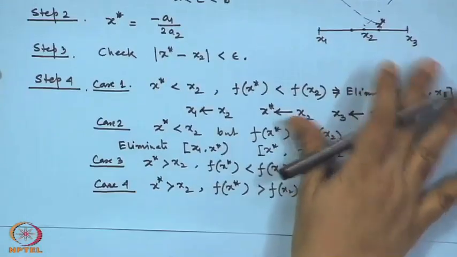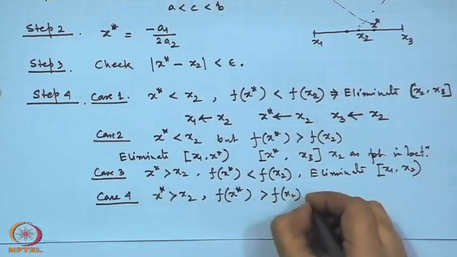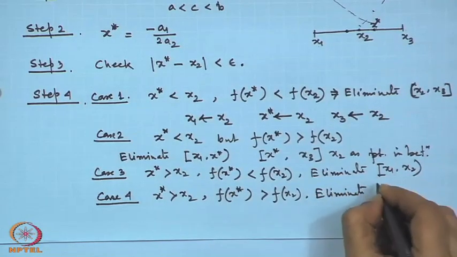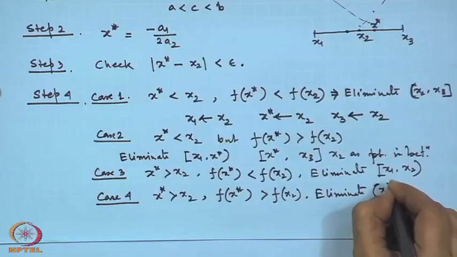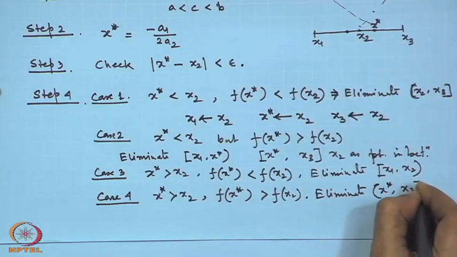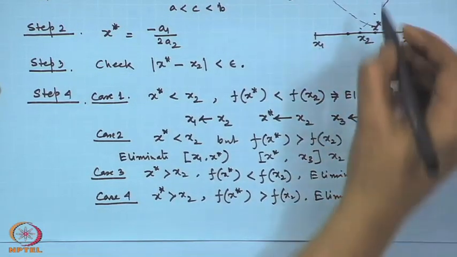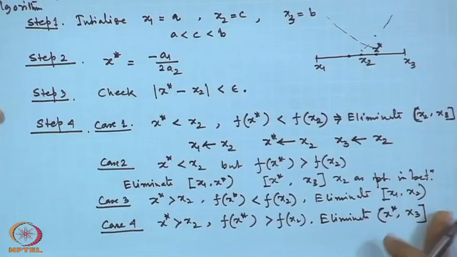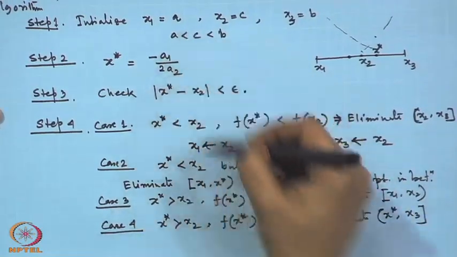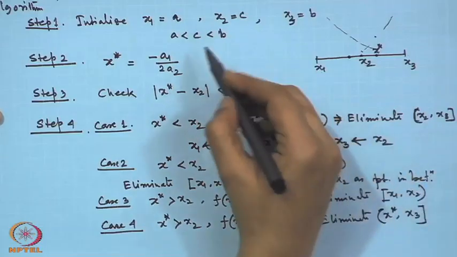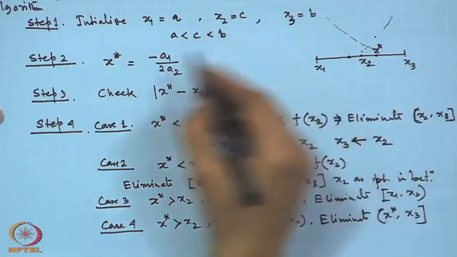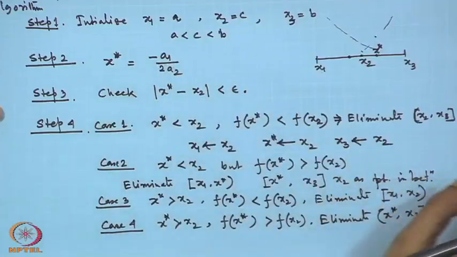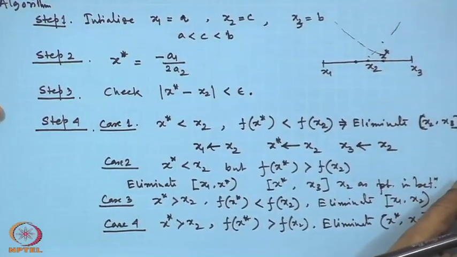That is why we will just eliminate this interval in the next. All right. The minimum must lie from x1 to x star in this case. Then again we will redefine a, b, c for each of the cases. Whatever will occur, we will see the values for a, b, c, we will calculate x star, and we will check whether this is optimal or not.